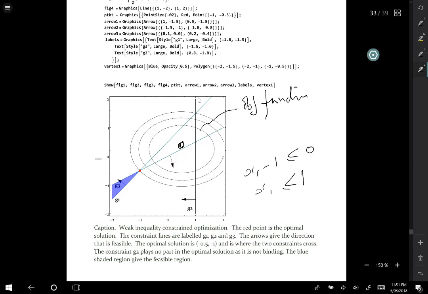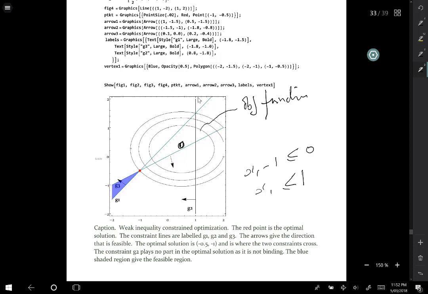So x1 could take a value of 1, or it could take a value of 0.5 or 0.6 or -1 or something like that, and that would be absolutely fine. So anywhere to the left of there.